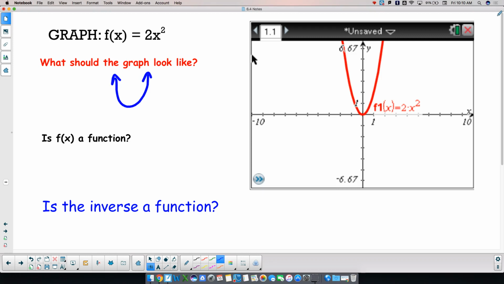Is f of x, which is what I'm looking at, a function? Yes or no? Why? Because there's not like 2 points that the line would hit.